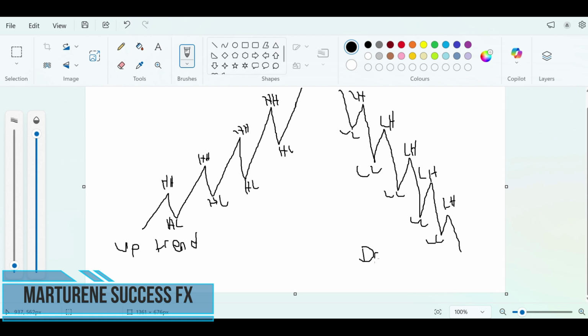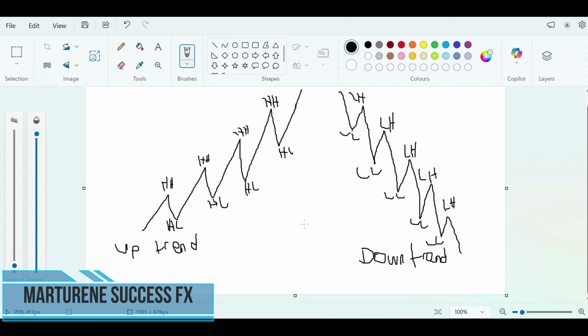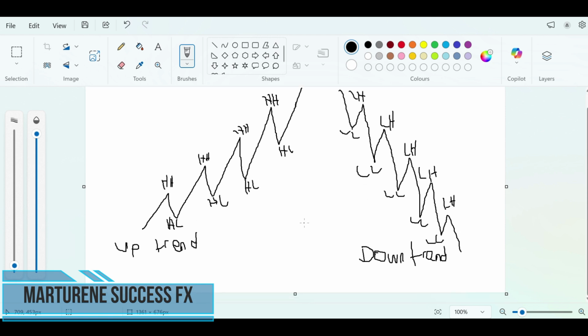Okay, it's a downtrend. Okay, so we have uptrend, we have downtrend, and we also have a sideward trend. On the sideward trend, we can also call it a ranging market.